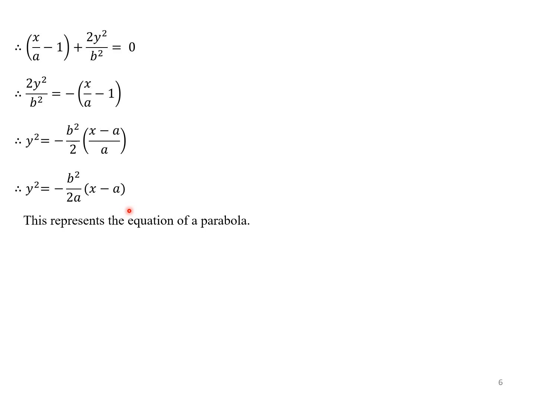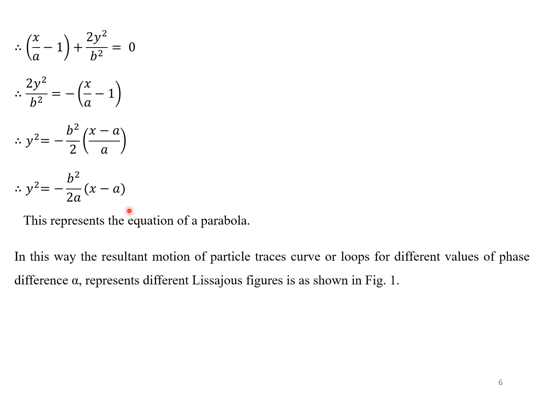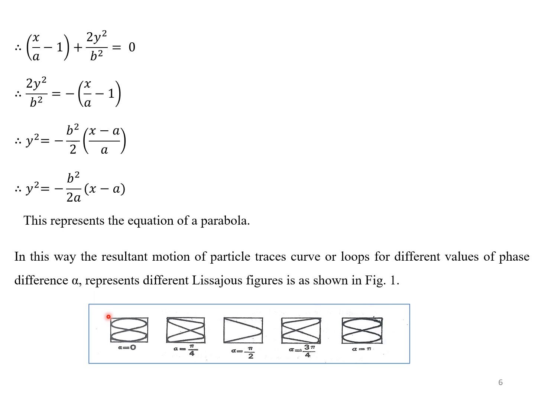In this way, the resultant motion of the particle traces a curve or loops for different values of phase difference alpha. That is, alpha is equal to 0, pi by 4, pi by 2, 3 pi by 4, and pi, which represent different Lissajous figures as shown in this figure.